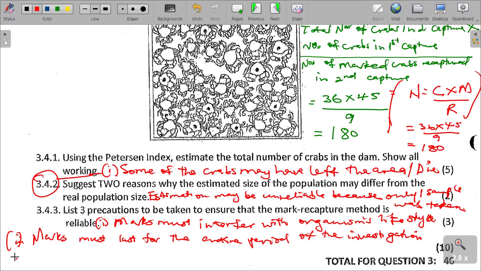And then we can also say that sufficient time must be allowed for the marked animals to mix with the population.